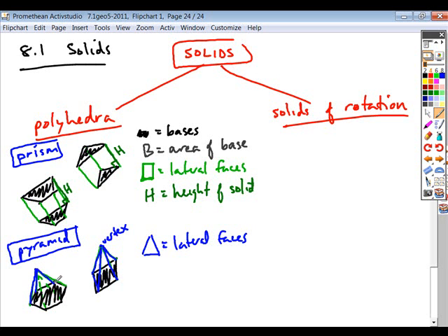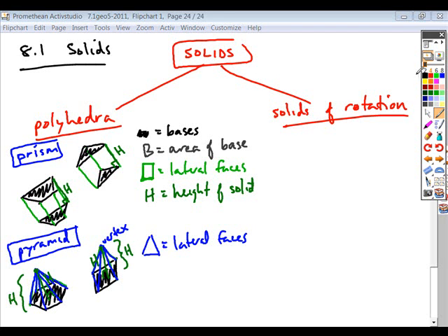Same here. And the height of your solid is still the same thing. It's the perpendicular distance from the vertex this time to the base. So perpendicular vertex to the base is still the height of your solid, and it'll be represented with a capital H once again. So that's what you need to be familiar with regarding the polyhedra.